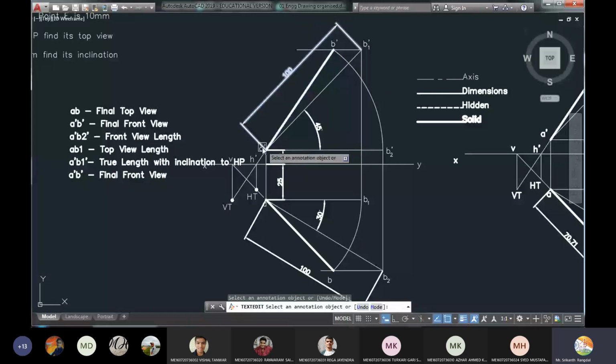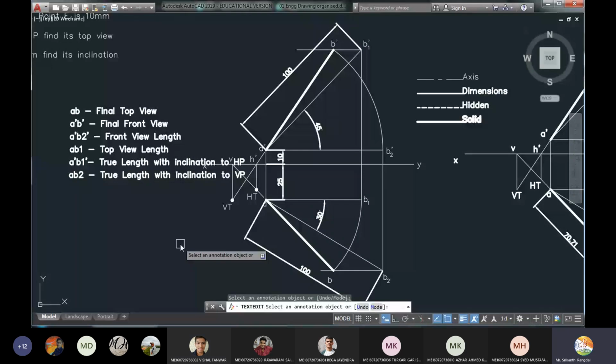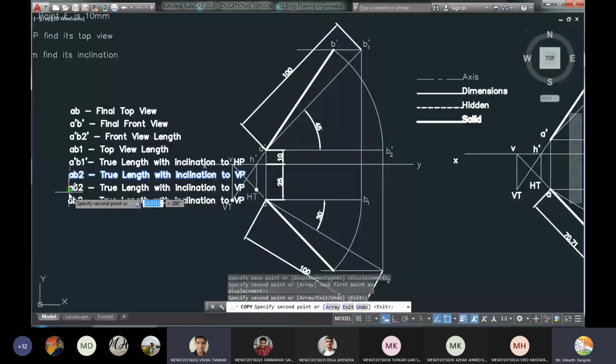That's what A dash B1 dash is. Now what is AB2? True length with inclination to VP. Then what else is left? Is there anything else?